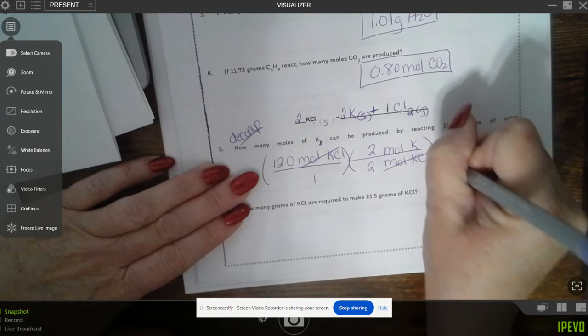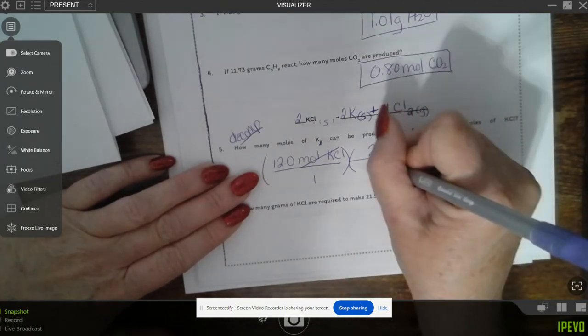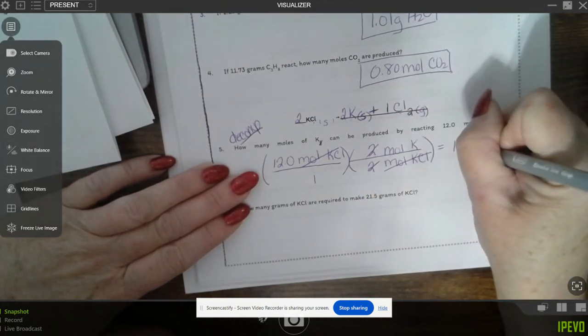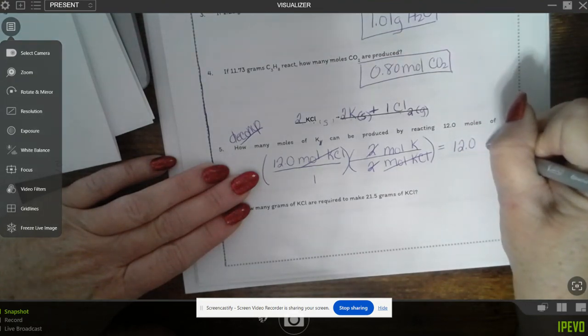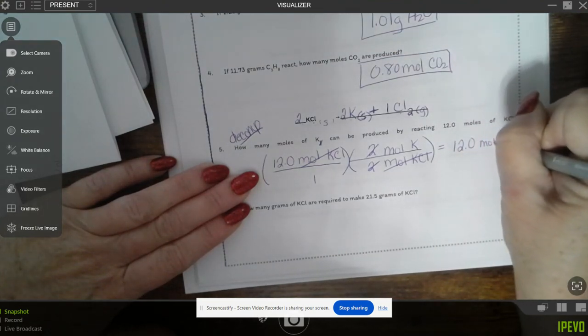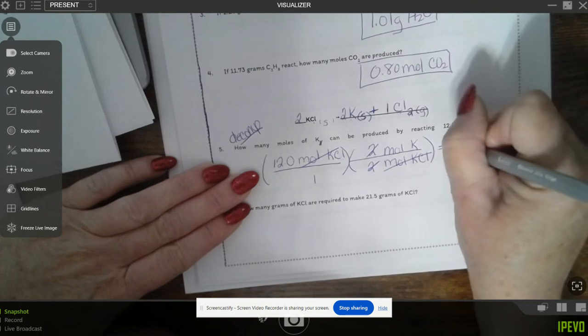Moles of KCl cancels out. My 2's cancel out, so my answer is 12.0 moles of potassium.